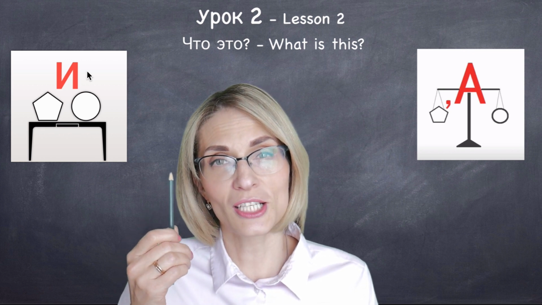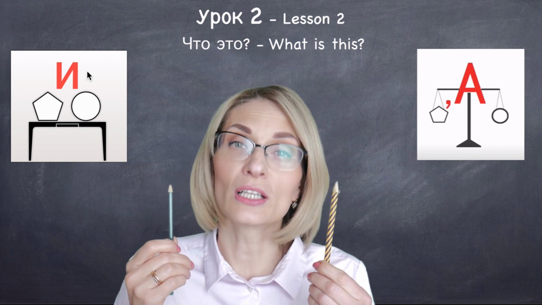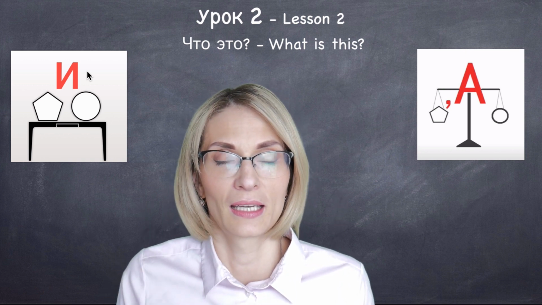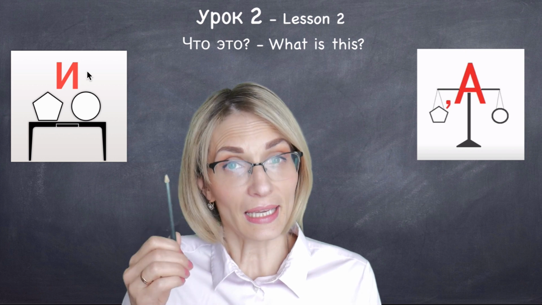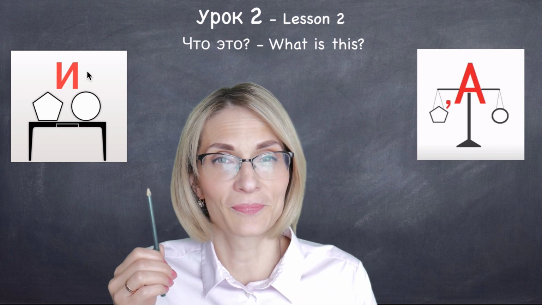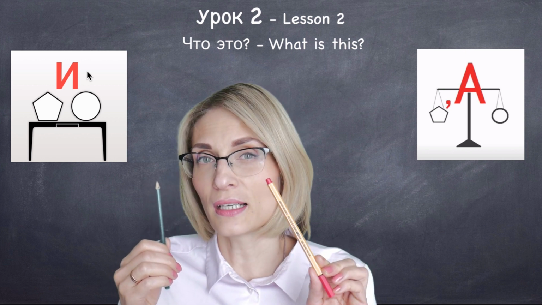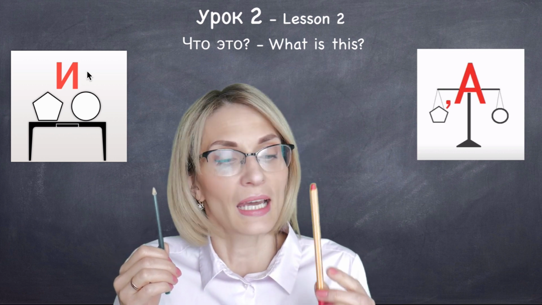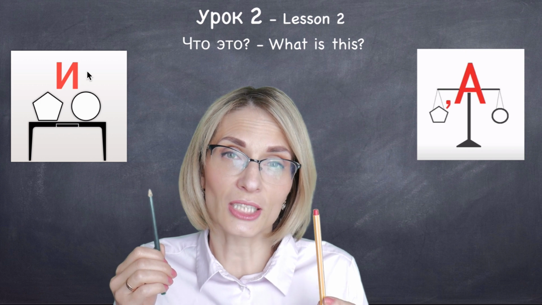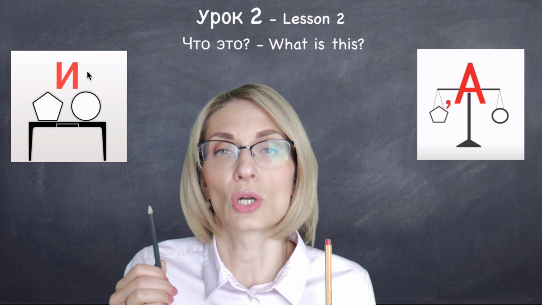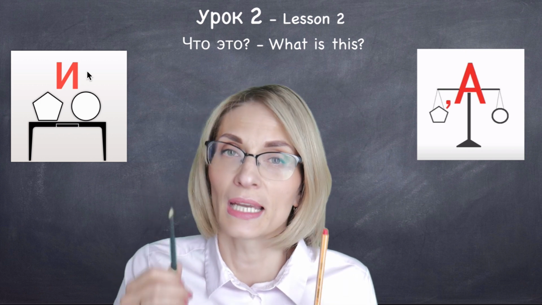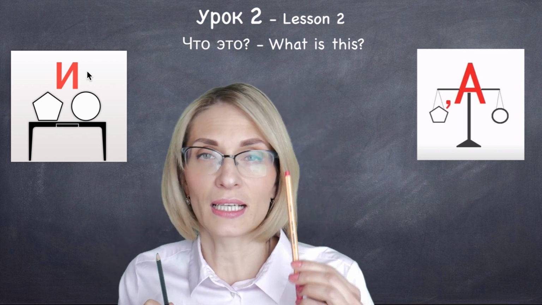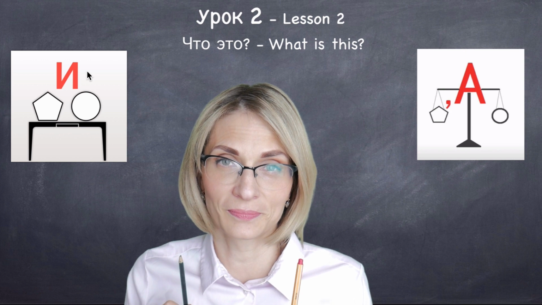Это карандаш и это тоже карандаш. Хорошо. Это карандаш. А это карандаш? Нет. Это не карандаш. Это ручка. Это карандаш, а это ручка.